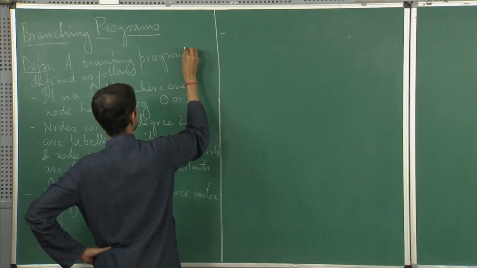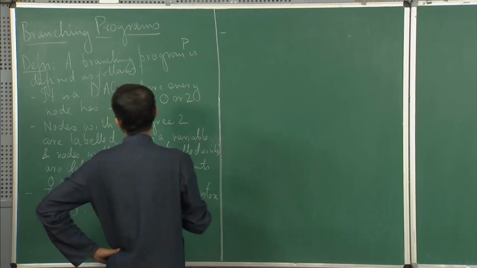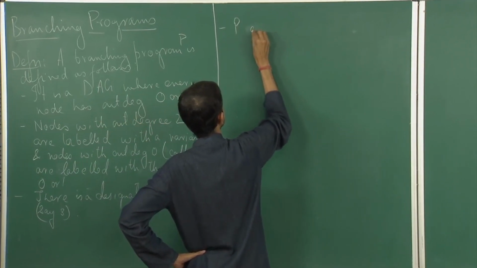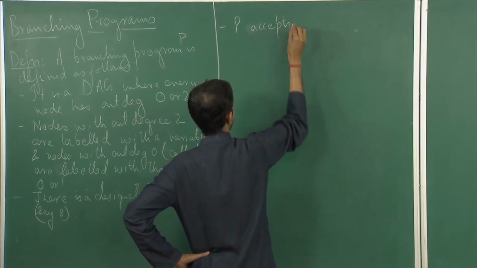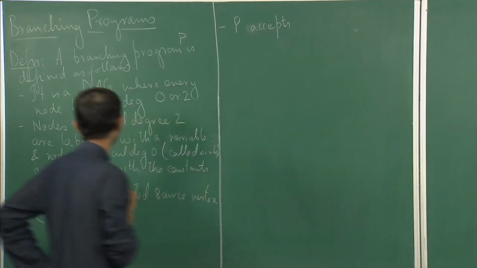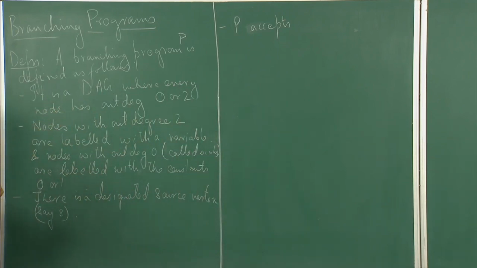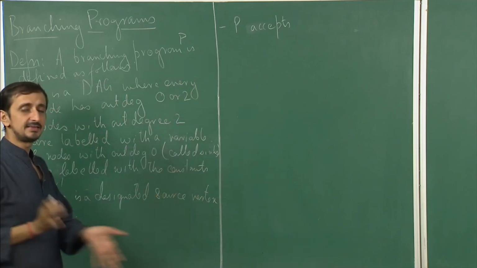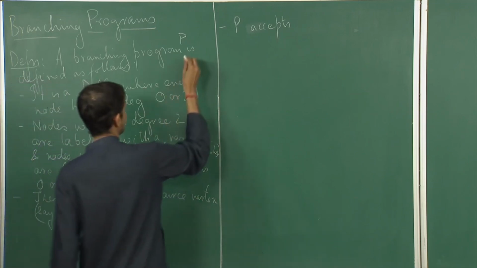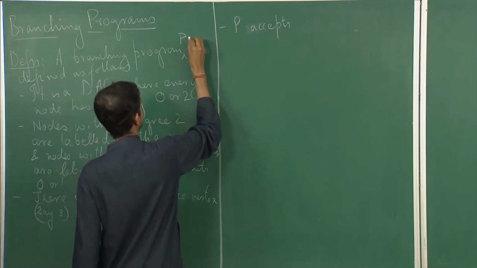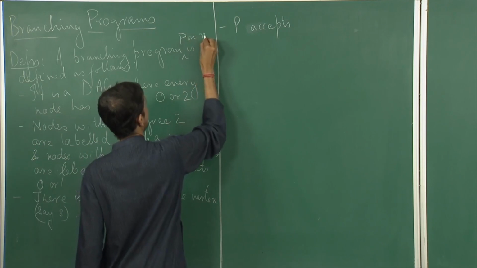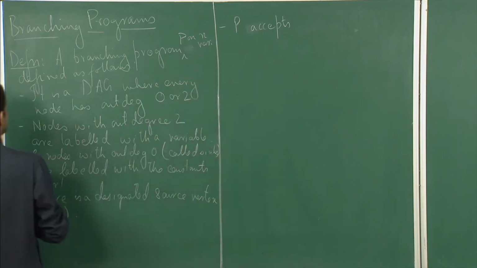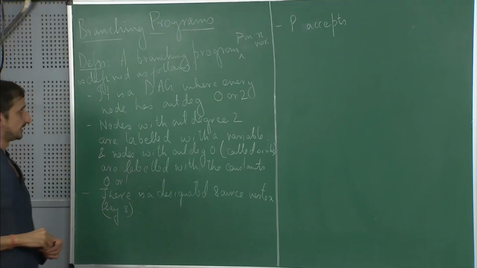A branching program, let's say we call it P. Maybe I should say one more thing: a branching program P on n variables, because it is a non-uniform model of computation, each program is for a fixed number of variables n. It is defined as follows.